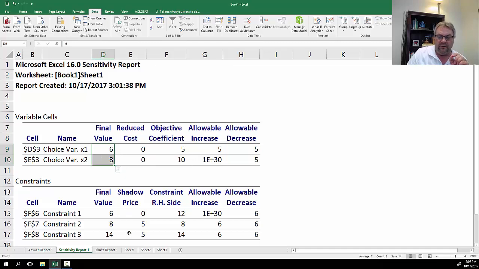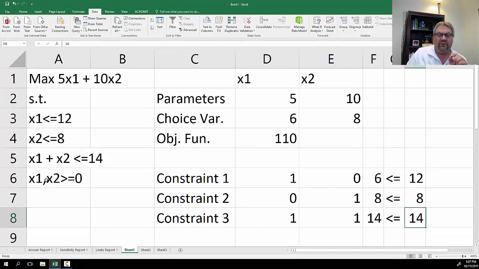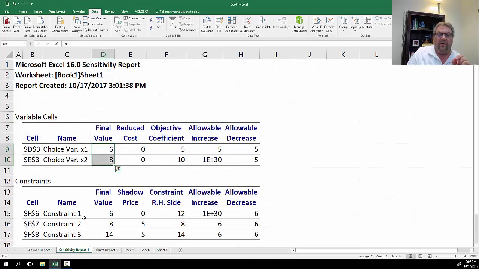So remember, x1 and x2 are greater than or equal to 0. What this is telling you is that even if I increased x1, that constraint, by 1 unit, it's not going to have any effect on this problem. So in other words, if I said x1 had to be greater than or equal to 1, nothing would change in this problem.